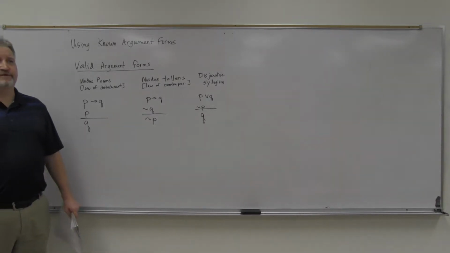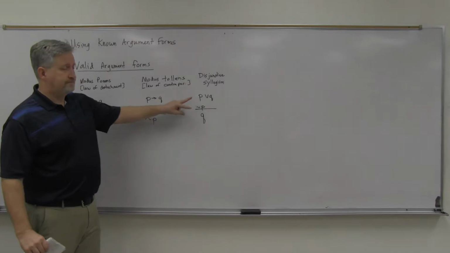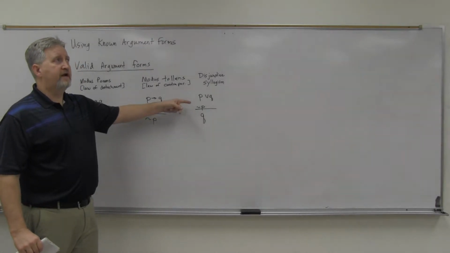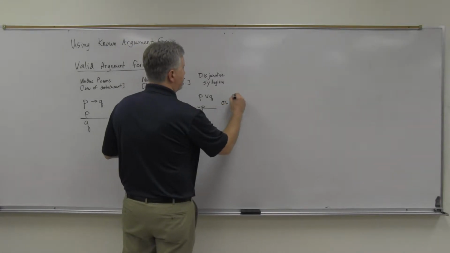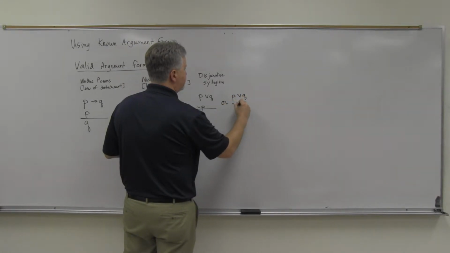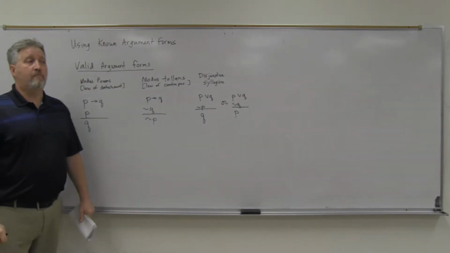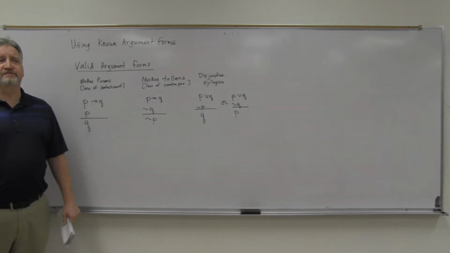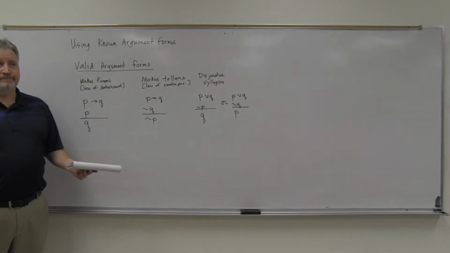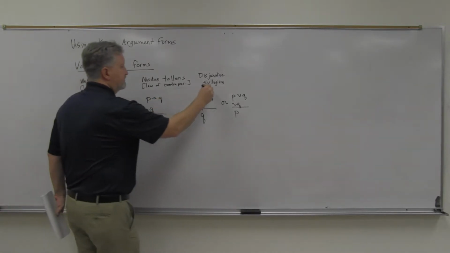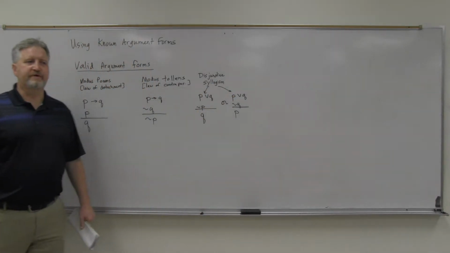That's almost the one I did on the truth table. However, the one I did the truth table for was P or Q, not Q, therefore P. That one's not listed under disjunctive syllogism, but logically it's the same. So disjunctive syllogism could be either this or this. Just be aware of that.